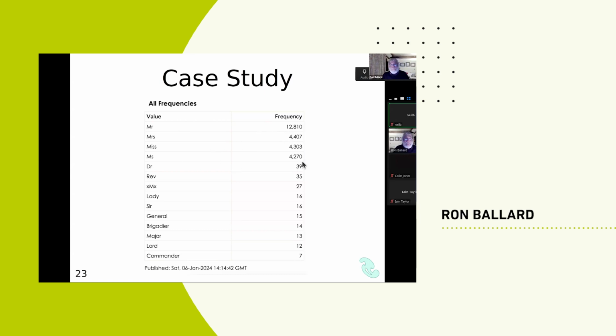So that doesn't prove anything. We don't know what the makeup of the leisure company's customer base is, but it looks from this as though it's pretty even, male and female, and a few people with titles. So those frequencies are very useful for checking the data, and it means you can see if there are any odd things as well.